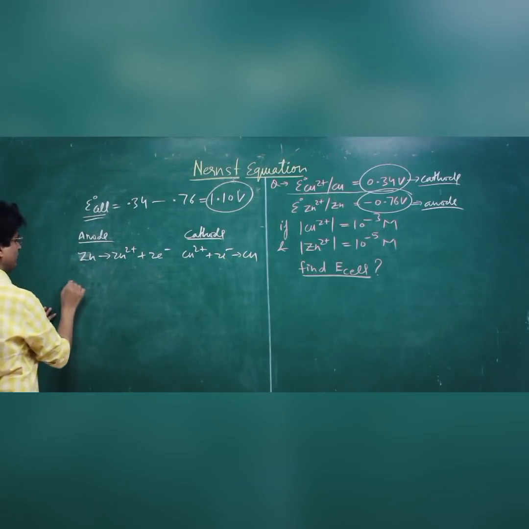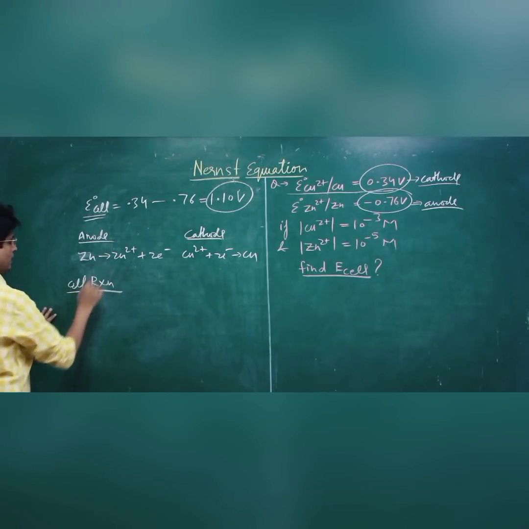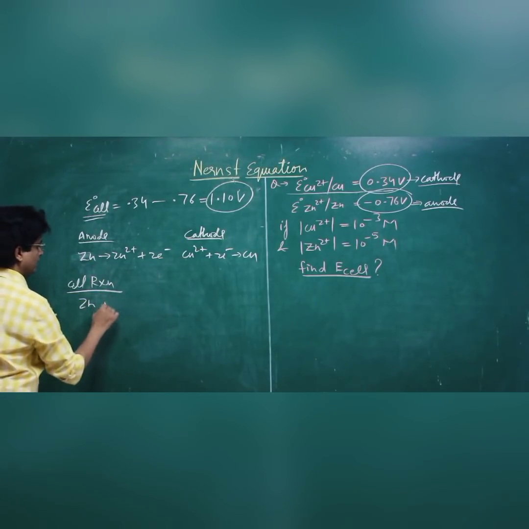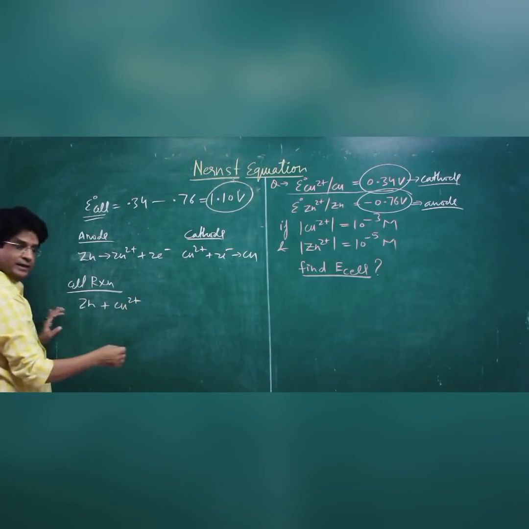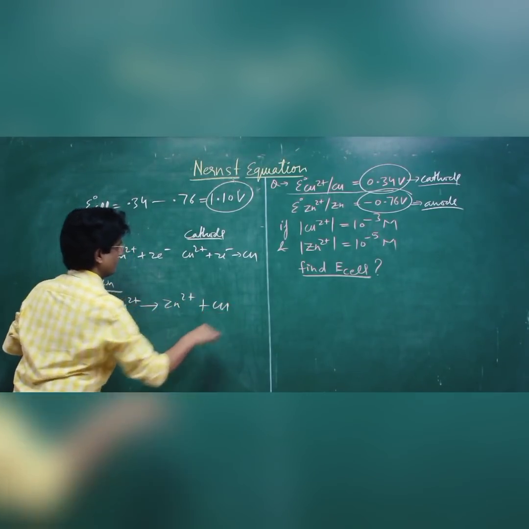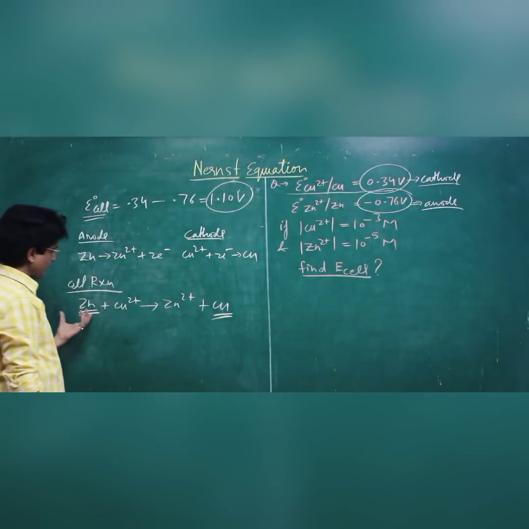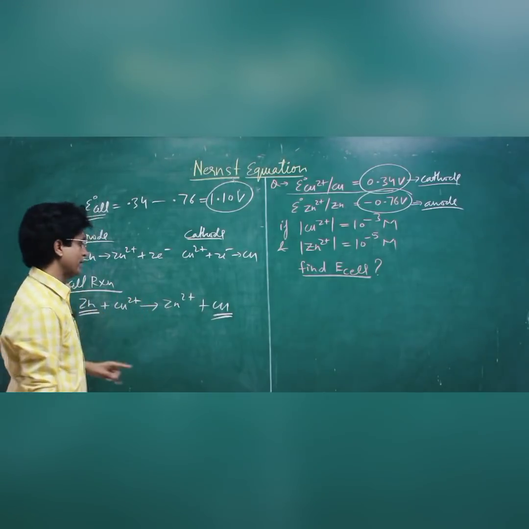Now the cell reaction will be zinc plus copper ions giving you zinc ions and copper. Now both zinc and copper are solid, so their active mass will be 1.